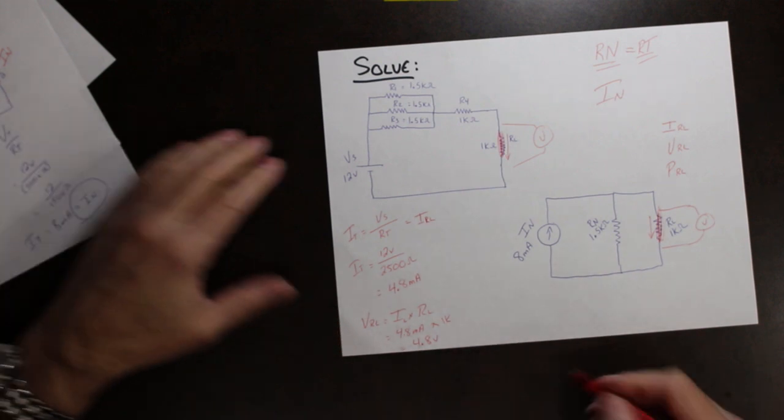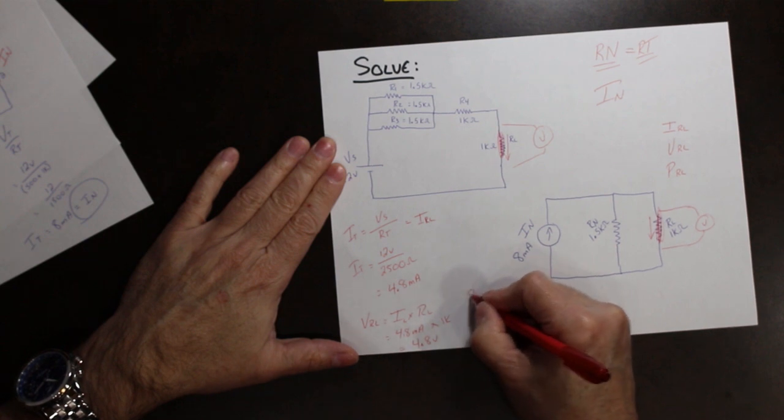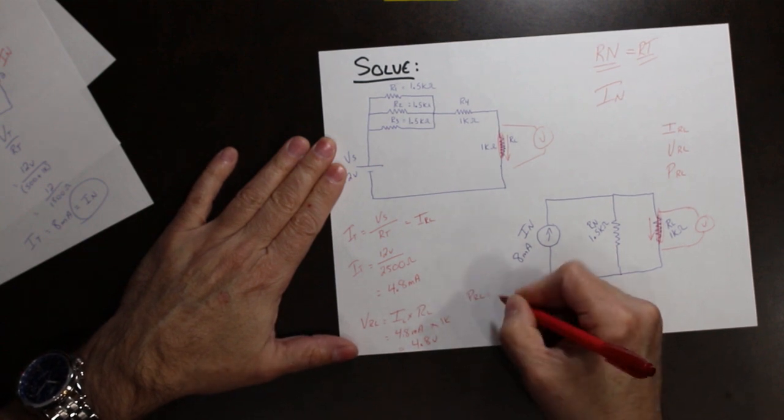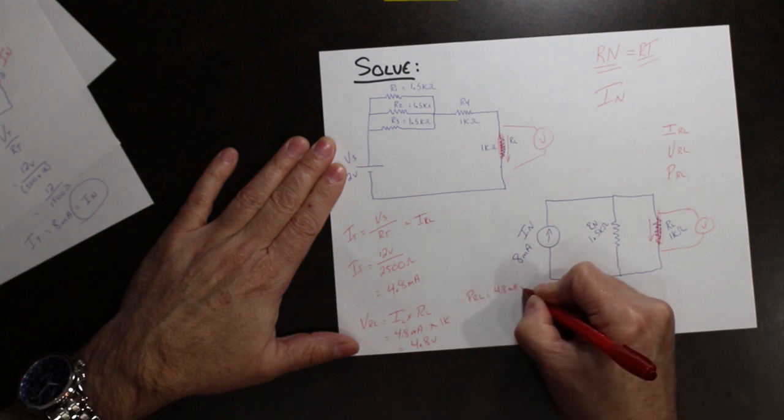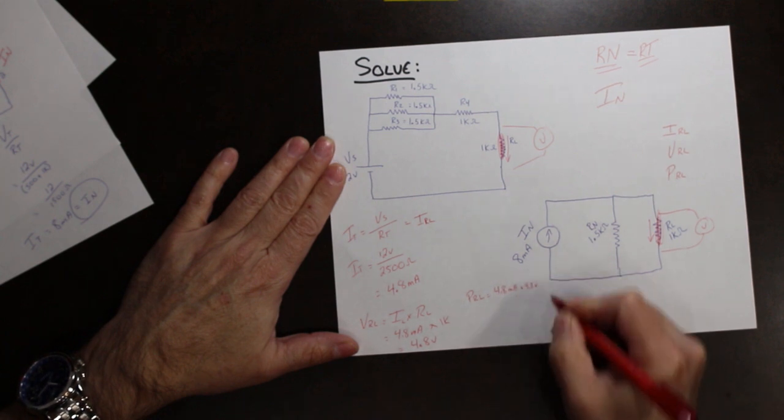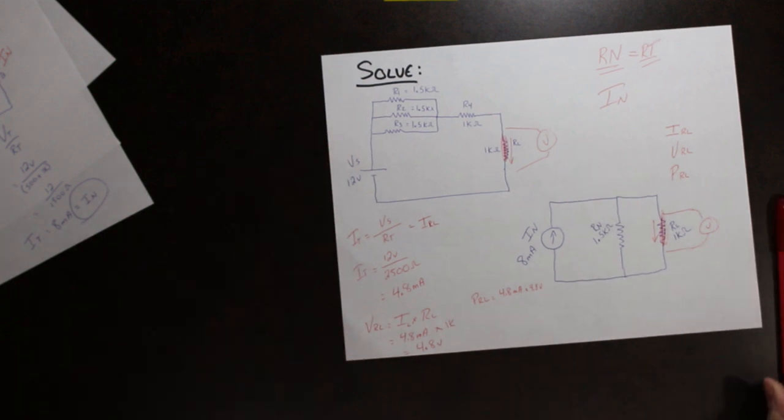If we do a quick little multiplication, we can find that the power in RL is going to be equal to 4.8 milliamps times 4.8 volts. So power is voltage times current.